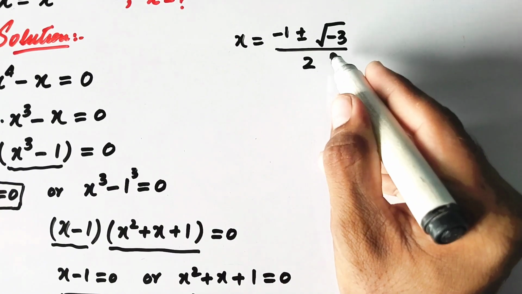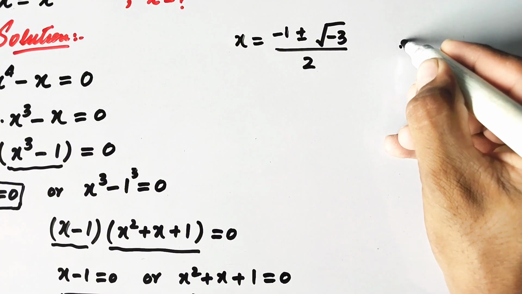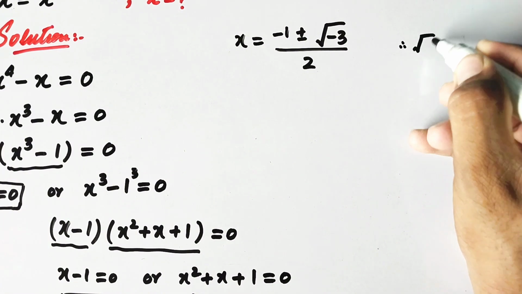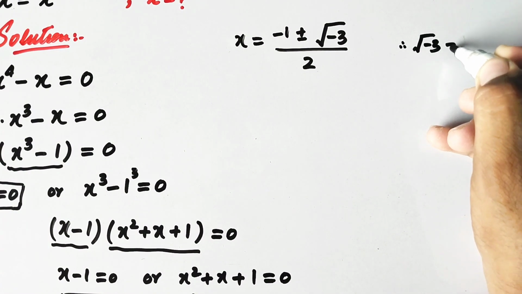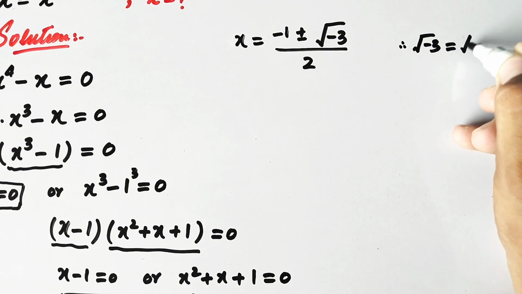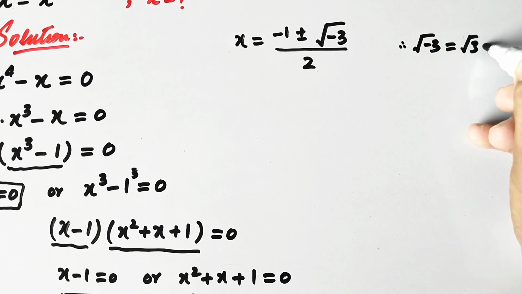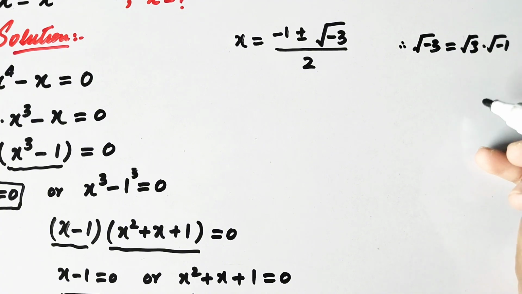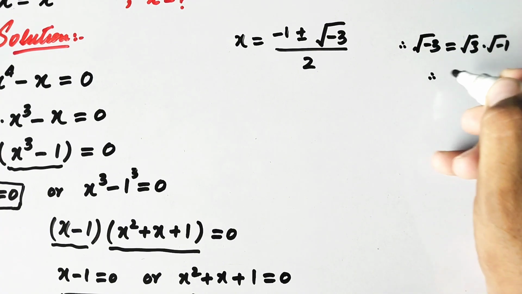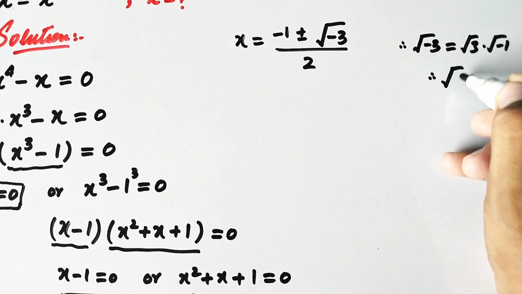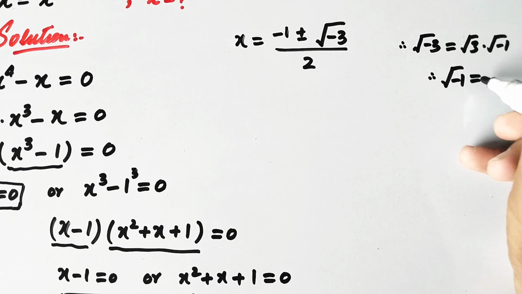And this root of negative 3 can be written as root of 3 times root of negative 1, and as we know that root of negative 1 is equal to an imaginary number, that is i.